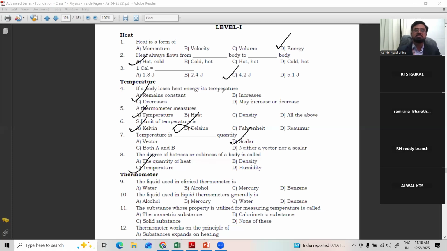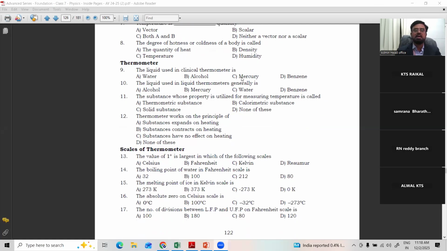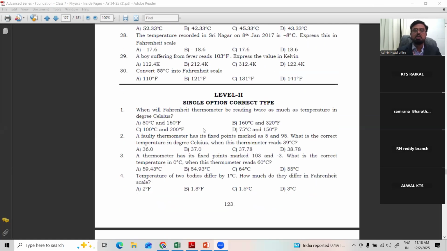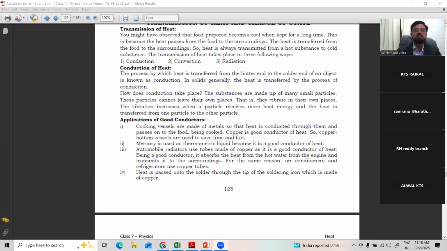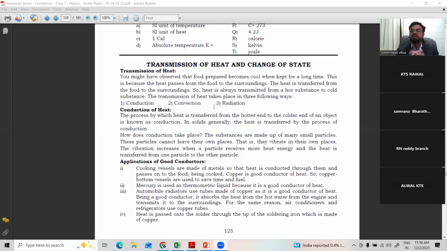Okay. Like this, you can answer any level question in a simple way. If any problems come, you can refer to your solutions and complete all the levels in your notebook. Maintain a proper notebook. Next, we will see how heat transmits: how heat flows in solids, liquids, gases, and in vacuum or space, and then how heat changes the state of a body from solid to liquid, liquid to vapor.